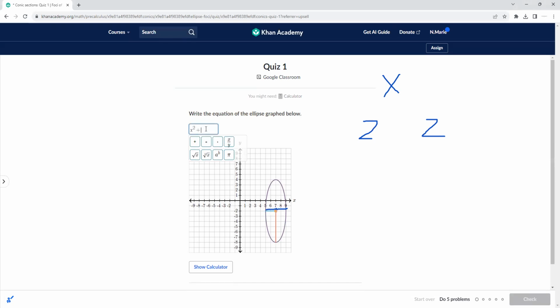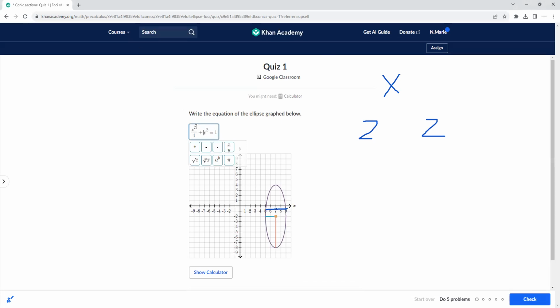So it's x squared plus y squared is equal to 1. And we know we're going to have in the denominator 4 because 2 squared is 4. And then for the y's up and down here, what do we have? 1, 2, 3, 4, what is that? 6 units. 6 squared would be 36.